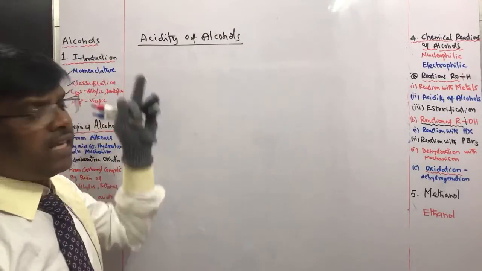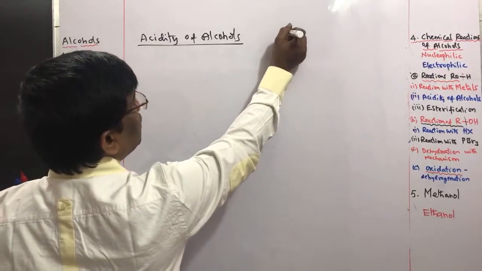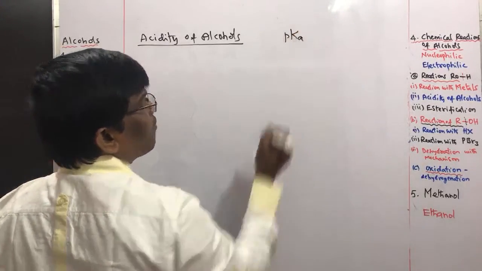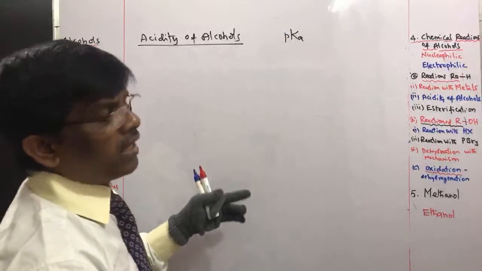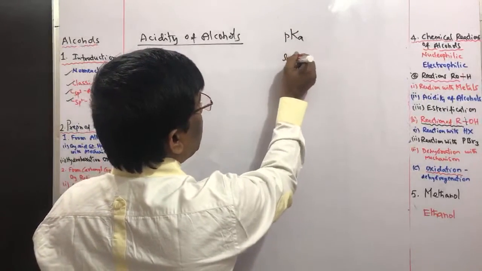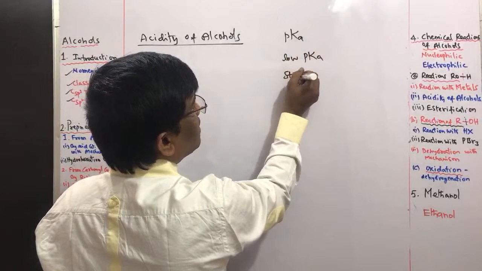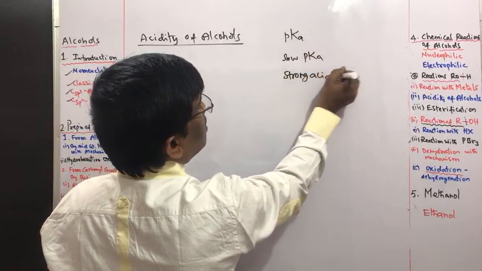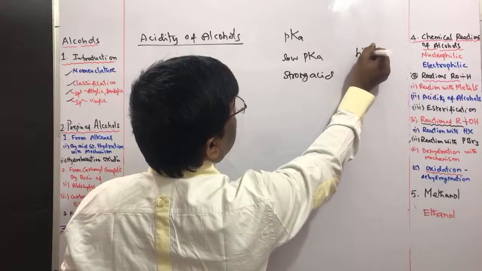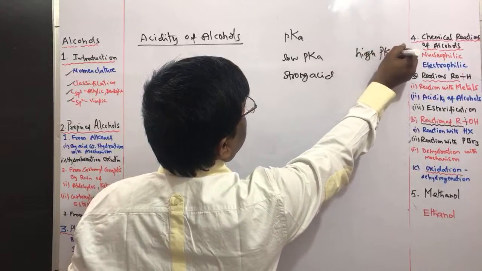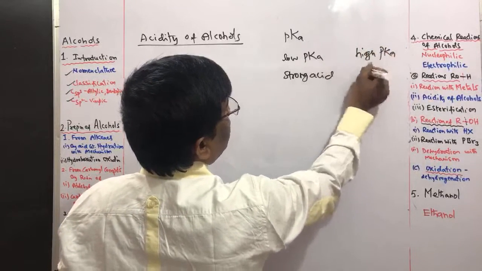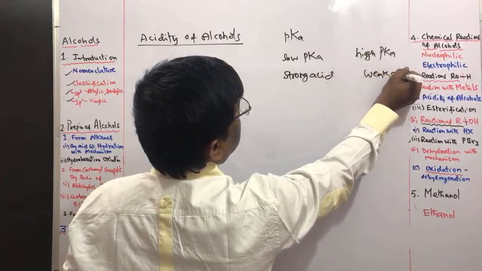Acidity is usually described in pKa. The lower the pKa, the stronger the acid. The higher the pKa value, the weaker the acid. The concept of pKa I have explained in that video.